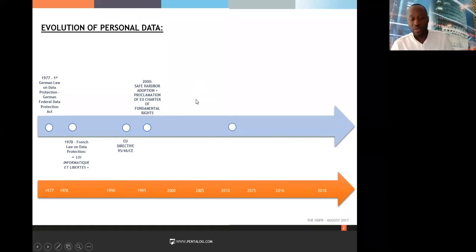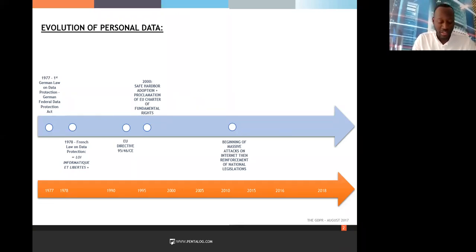And we had a long period of time where all the countries were implementing the EU directive by voting some national regulation. After the year 2010, we started having massive attacks on the internet, and that led to the reinforcement of national legislation regarding data protection.